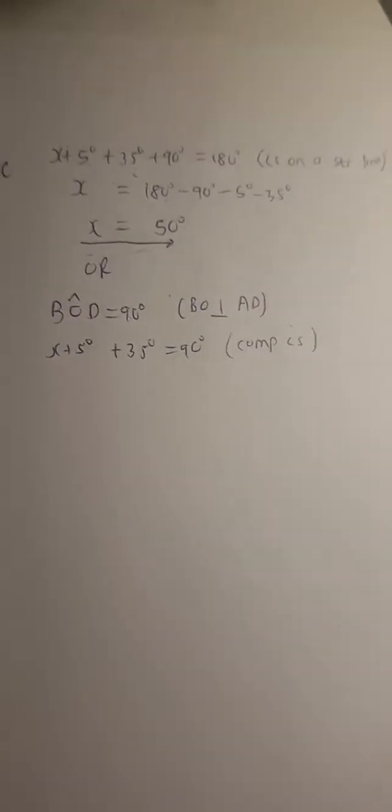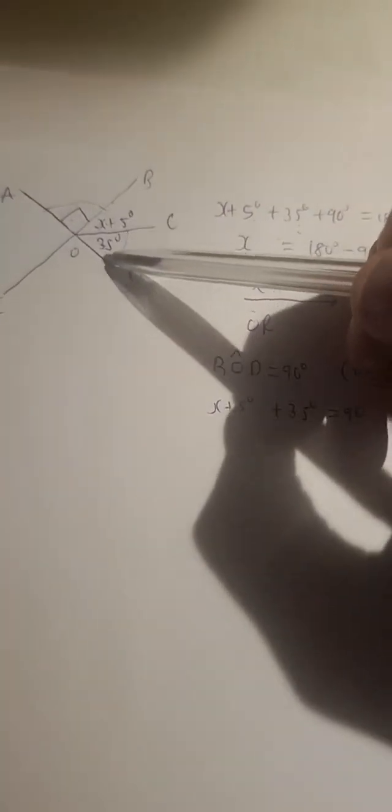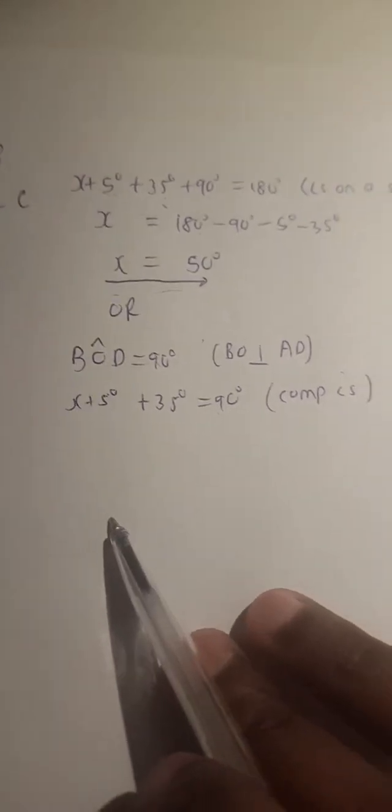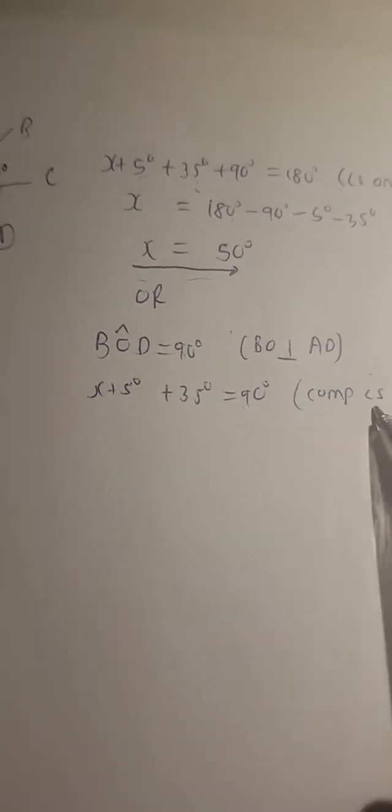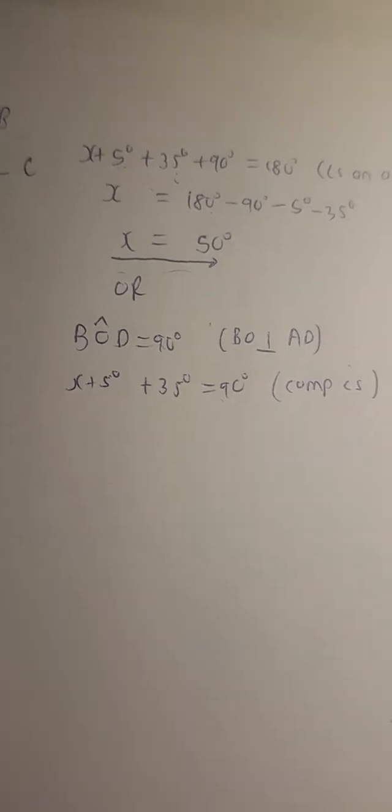This is an alternative way of working out the very same angle. We can say, since this here is 90 degrees, grade 9s, x, this angle, plus 35 degrees is equal to 90 degrees. And what is our reason? We say comp angles, meaning complementary angles. What are complementary angles?